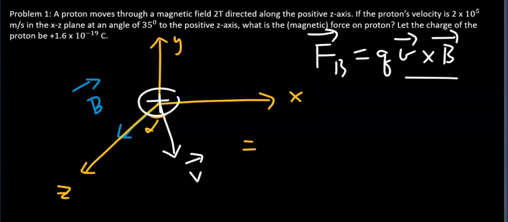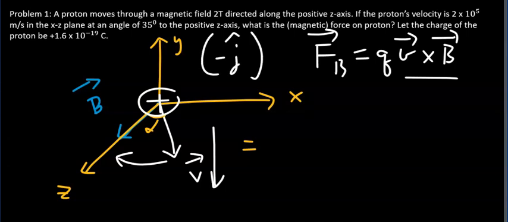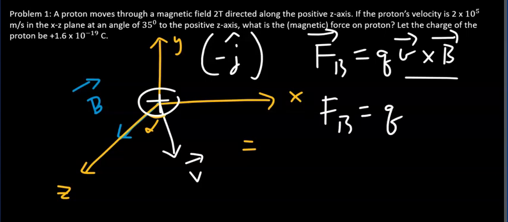So the direction follows the cross product rule. As you scroll from v to B with your right hand fingers, the thumb will be pointing downward. So the direction of this magnetic force is in the direction of minus j hat, which is a unit vector along the negative y-axis. The magnitude can be found by simply multiplying the charge with the speed with the magnetic field times the sine of the angle between the velocity vector and the magnetic field.